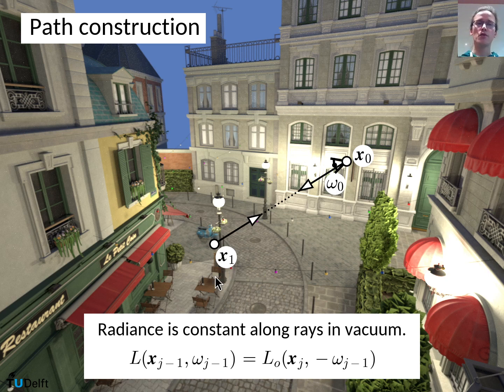Now we want to know the incoming radiance at point x0, because this is the color that we should be using for the pixel in the image. And a nice thing about radiance is that it is constant along rays in vacuum. So we are neglecting the possibility of having participating media here, such as fog or clouds or smoke or anything like this.